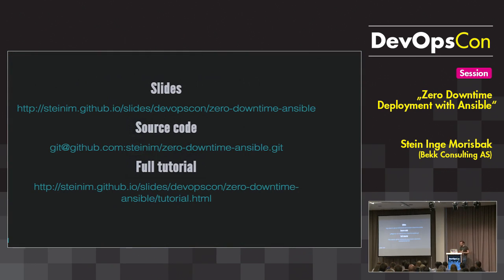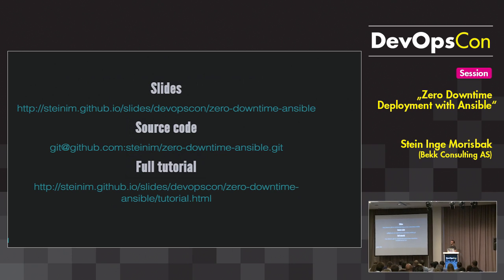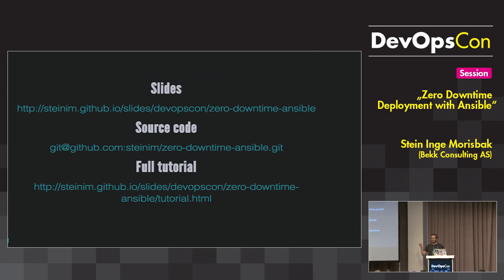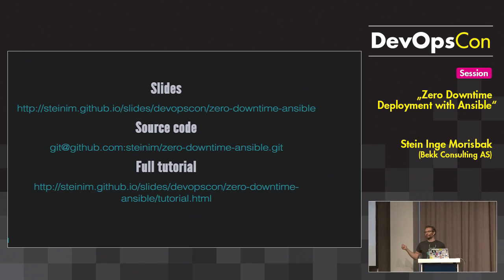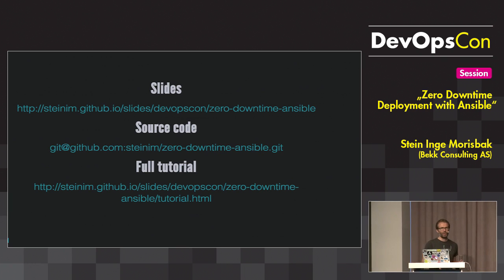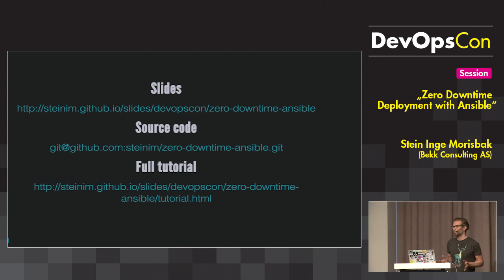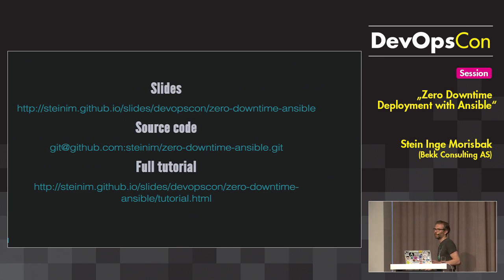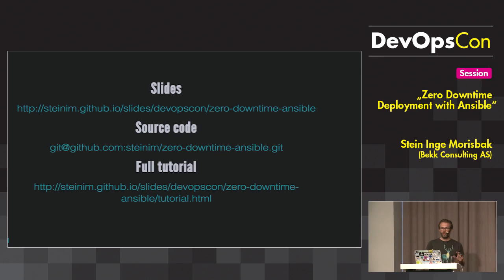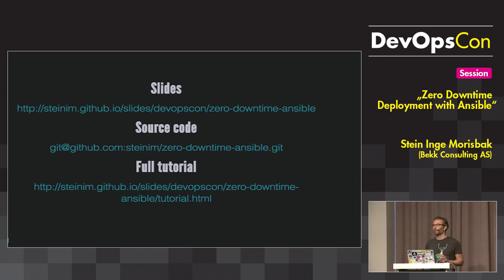I've given this presentation as a half-day workshop earlier, where you get to do stuff hands-on. Of course, I don't have time for that in 1 hour, so I'll have to walk through the examples myself and show you some code.